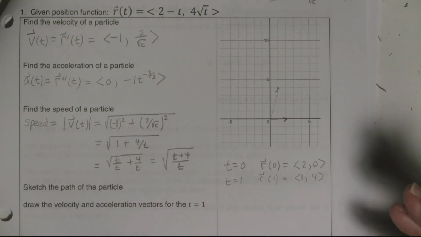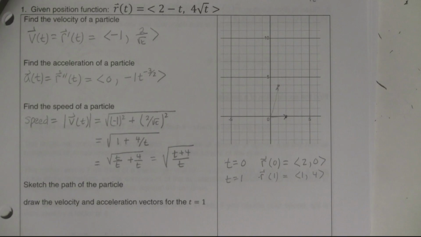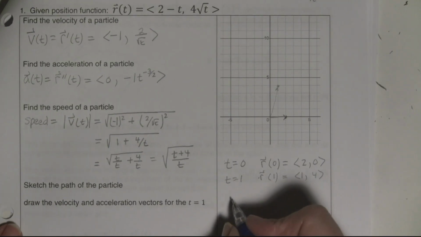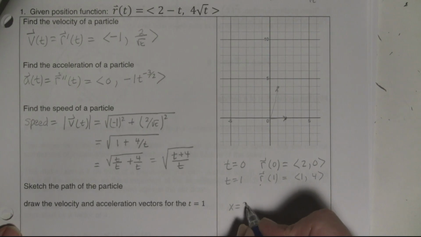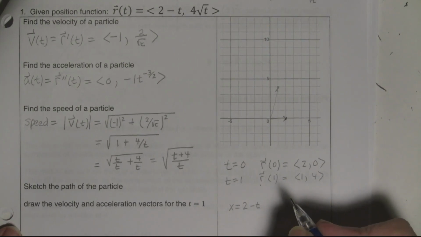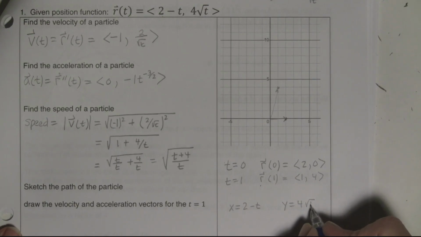If I want to know what it is, then what you want to do to figure out what it is, is look at our x coordinate right here, x equals 2 minus t, and then our y coordinate is 4 square roots of t.